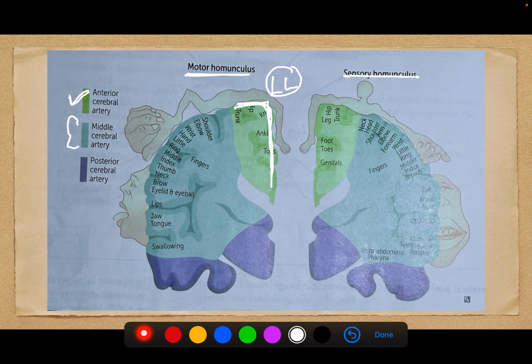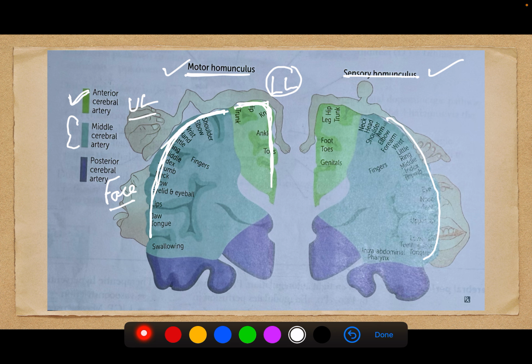Similarly, the middle cerebral artery supplies mainly the lateral aspect of the cerebral hemisphere, which in the motor and sensory homunculus involves the upper limb and face, right? So if there is any lesion of the middle cerebral artery, the upper limb and face will get affected.